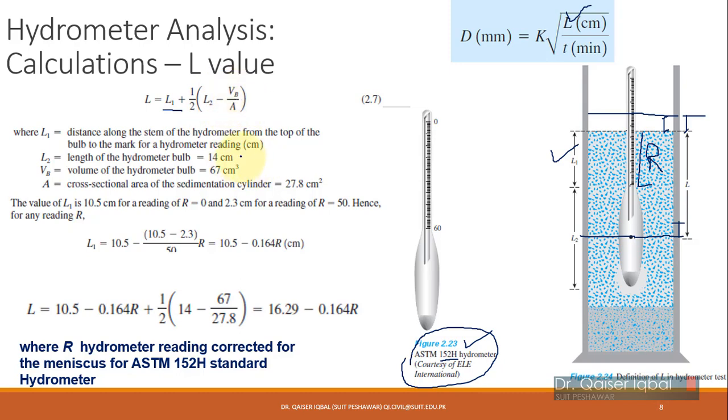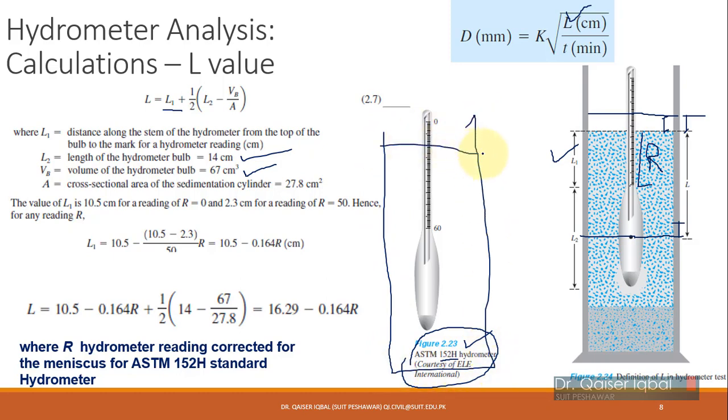Now L2 is constant for the 152H hydrometer, which is 14 centimeter. The volume of the bulb is 67 cubic centimeter, which is also constant for this 152H. The cross-sectional area of the sedimentation cylinder which we are using is also standardized, and its cross-sectional area is equal to 27.8 centimeter square.